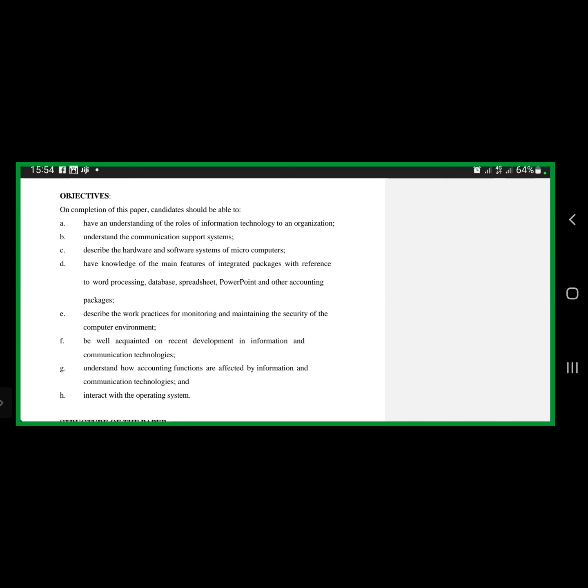Another recent development in information and communication technology that should be known by accountants is cryptocurrency. I'm sure cryptocurrency is not new to you. Hopefully we are going to be discussing the different examples of cryptocurrencies, how they work, the benefits, and the shortfalls.